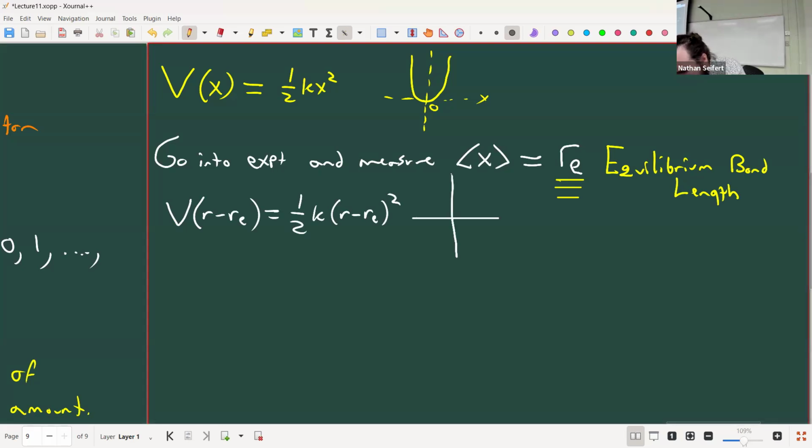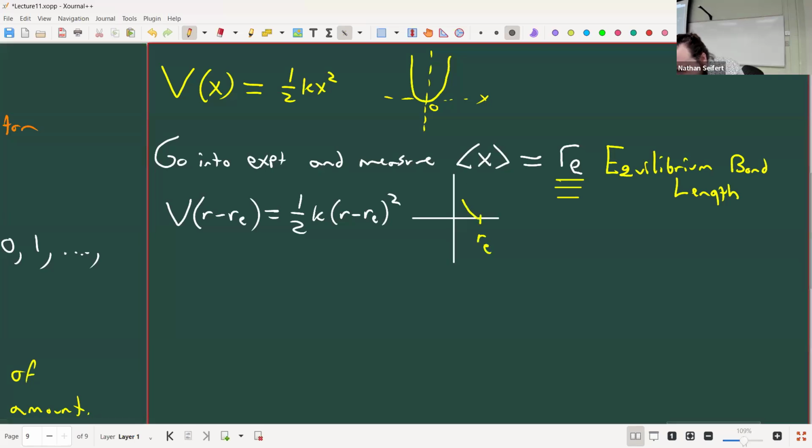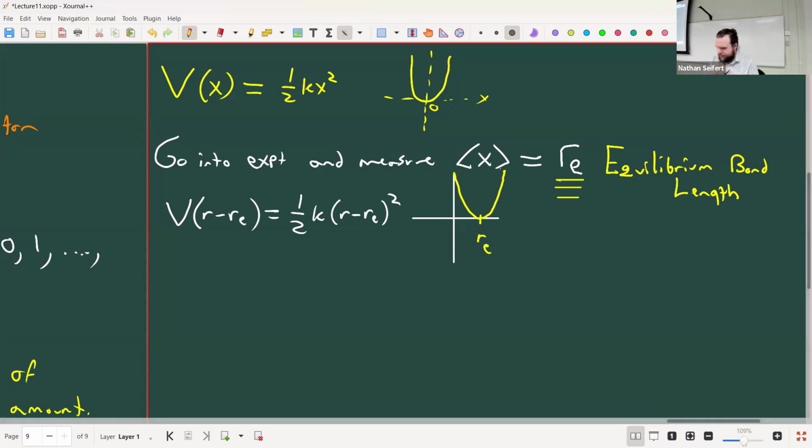So at some positive value R sub e, my potential is 0. I've just shifted it over by R sub e. This is what the harmonic potential looks like for the bond. The bond has some equilibrium length, and the potential is 0 at that point. And we can measure that experimentally. In fact, the homework talks a lot about how we measure this value experimentally.